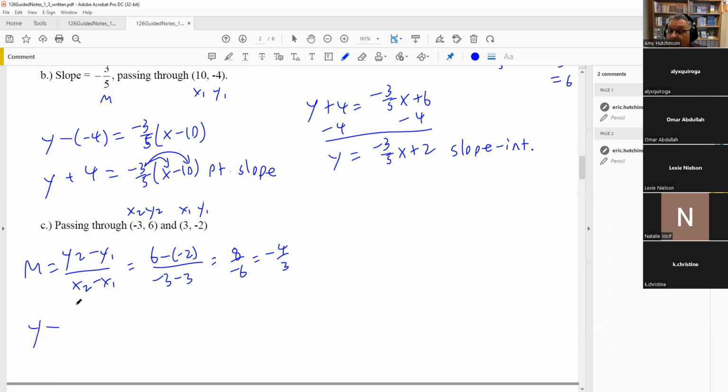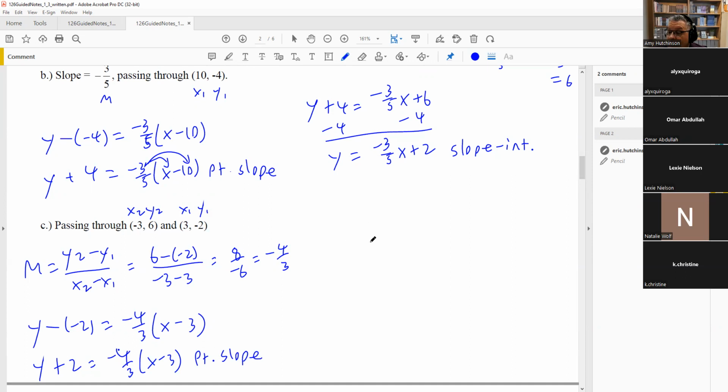We're going to do y minus y1, so y minus -2 equals our slope, -4/3, times x minus x1, which is the 3. If I simplify that, y plus 2 equals -4/3 times x minus 3. This is the point slope form.